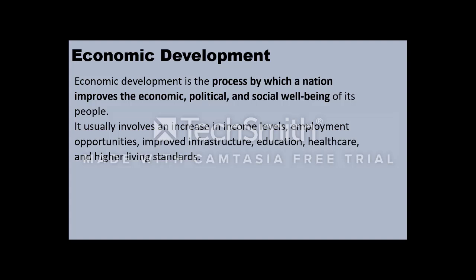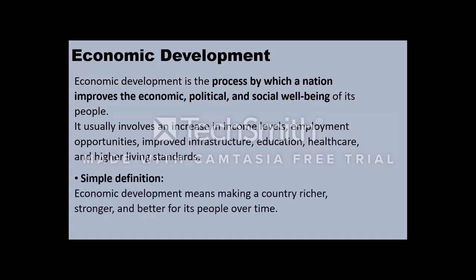Economic development is a process by which a nation improves the economic, political, and social well-being of its people. It usually involves increase in income levels, employment opportunities, improved infrastructure, education, healthcare, and higher standard of living.